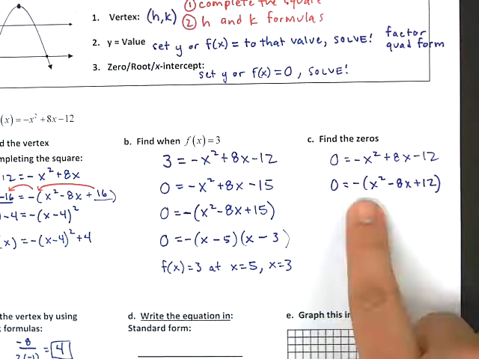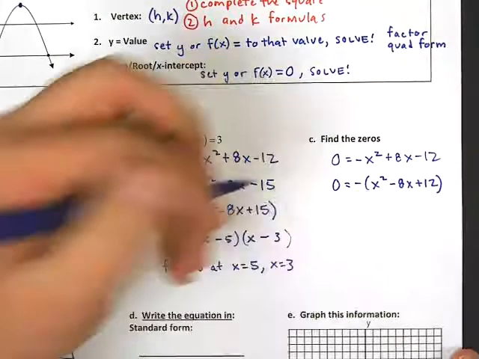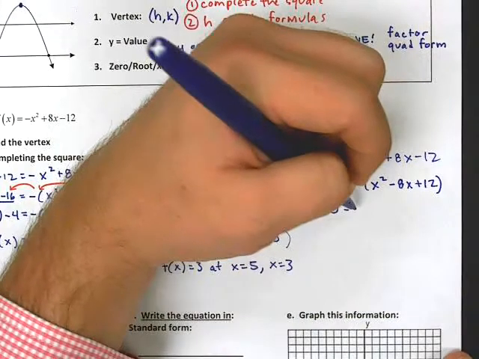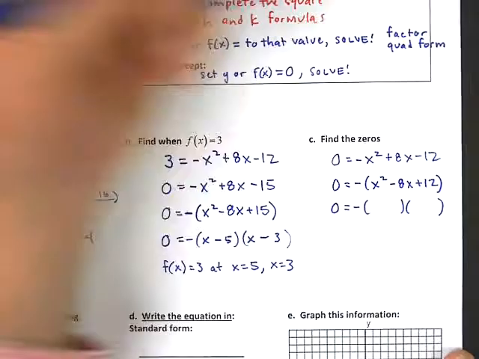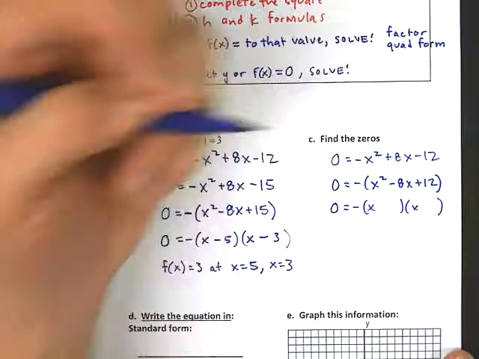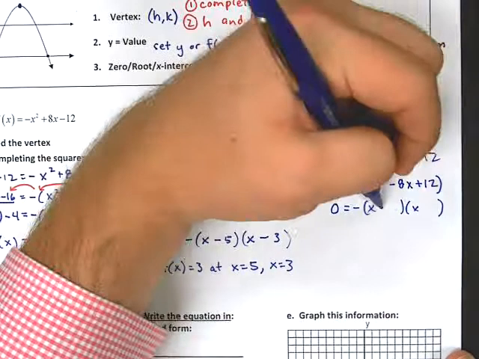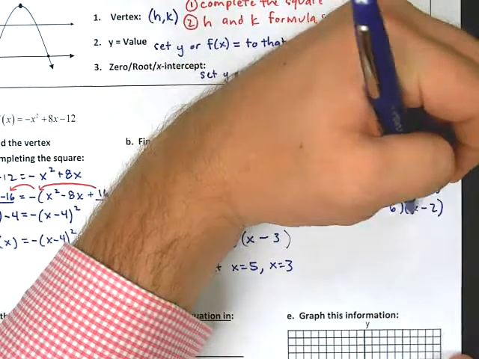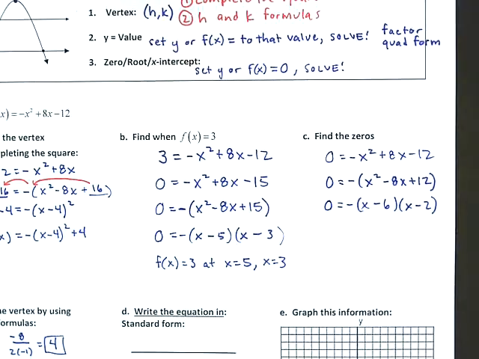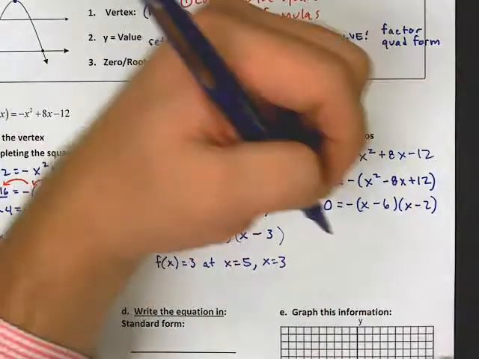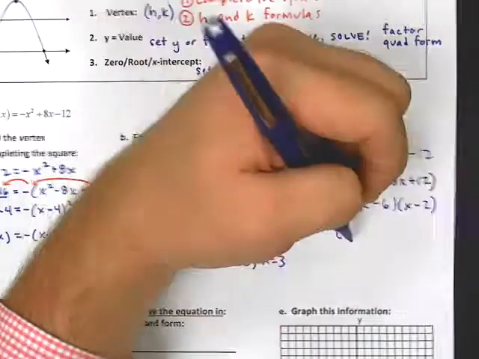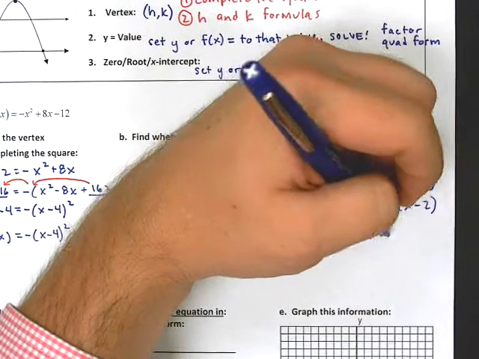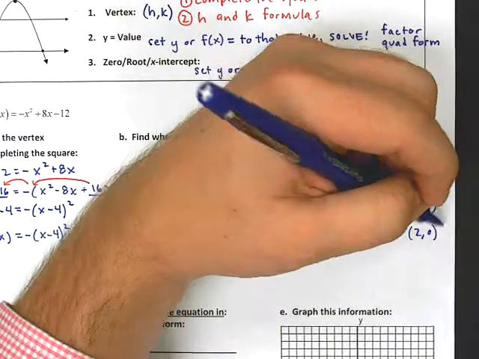I factor out the negative because now I can factor this real nice. What do we got? Well, x and x, 12, negative 6, negative 2. Perfect. Why do I care about this? Well, because now I know that I have intercepts, or zeros, at (6, 0) and (2, 0).